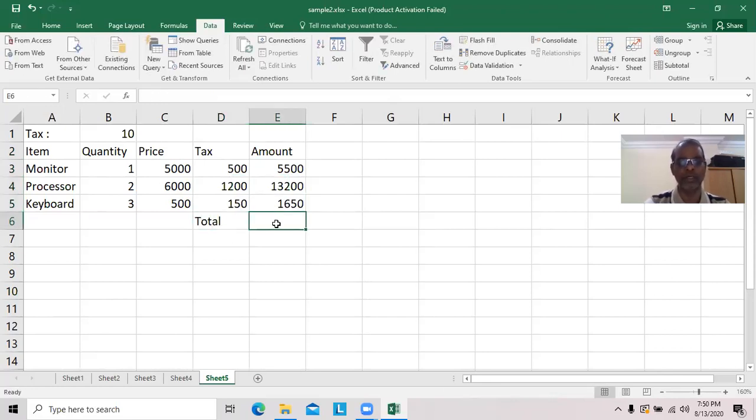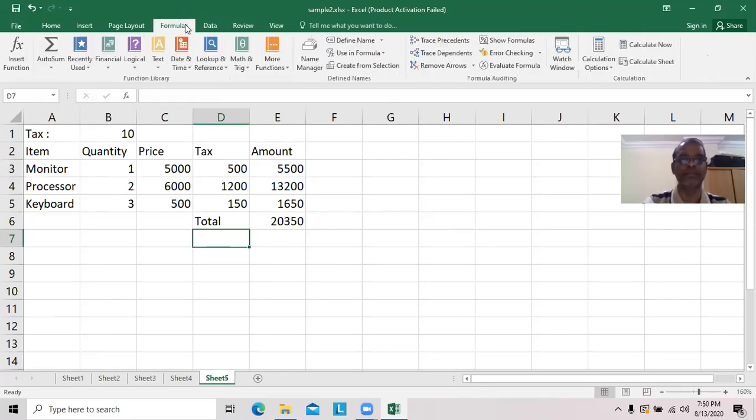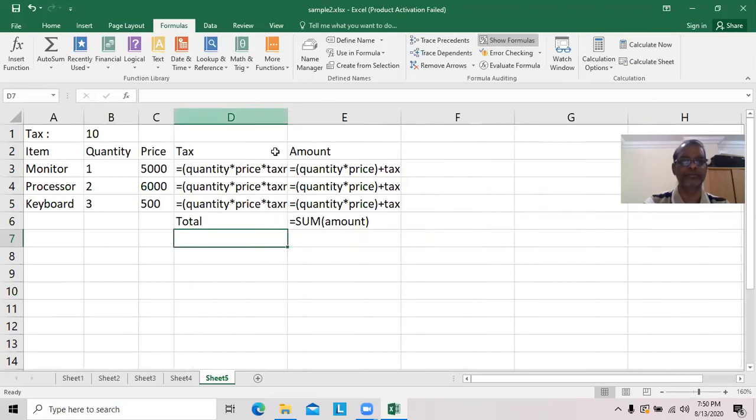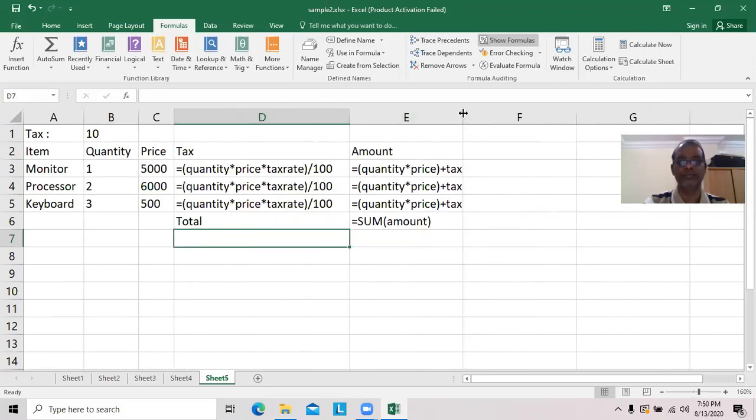Here I'd like to find the total amount, that means the sum of, instead of E3 to E5, we can give only amount. In this case, we are not using any cell name, absolute reference or relative reference. We are using only named cells or named cell ranges. We will see the formulas here. All formulas are using only named cell ranges. That is the use of named cells.